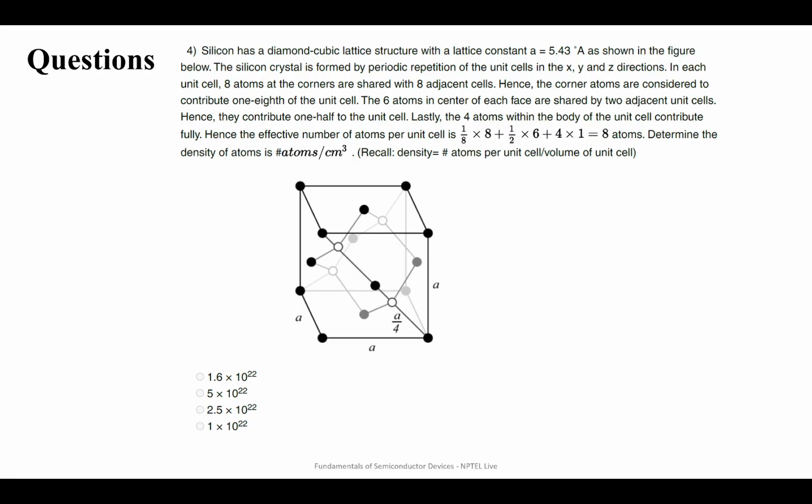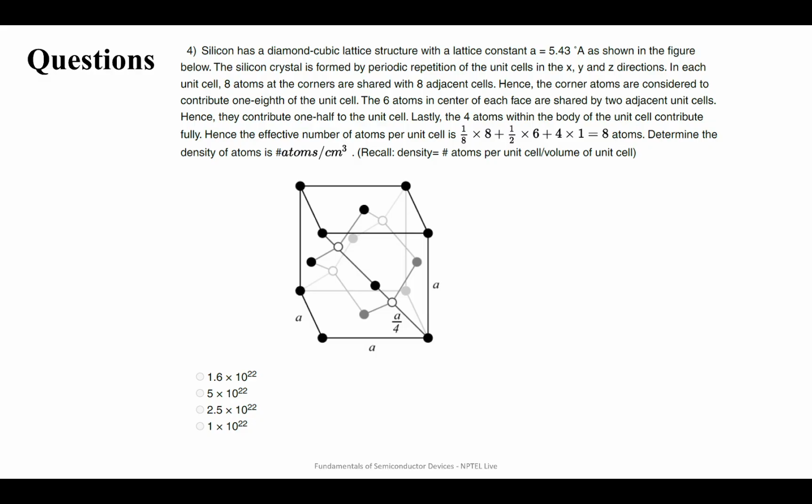The 6 atoms in the center of each face are shared by 2 adjacent unit cells. Hence, they contribute 1/2 to the unit cell. Lastly, the 4 atoms within the body of the unit cell contribute fully. Hence, the effective number of atoms per unit cell is 1/8 into 8 plus 1/2 into 6 plus 4 into 1, that is 8 atoms.